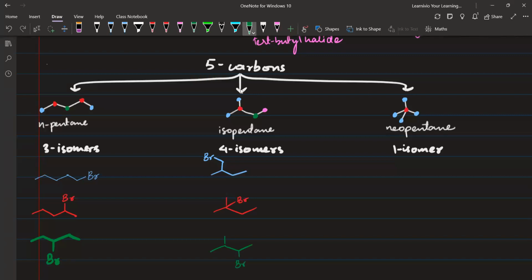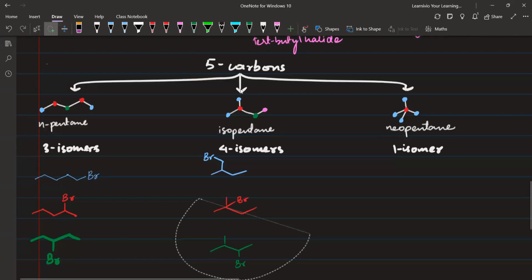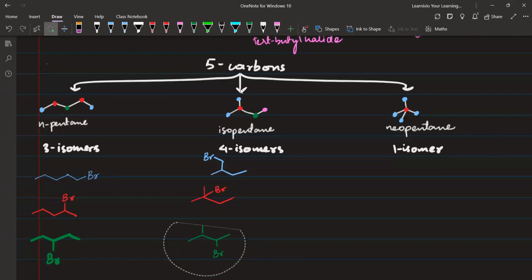Okay, one more will be made here. For the purple one, and for the neopentane case, we have only one possibility.